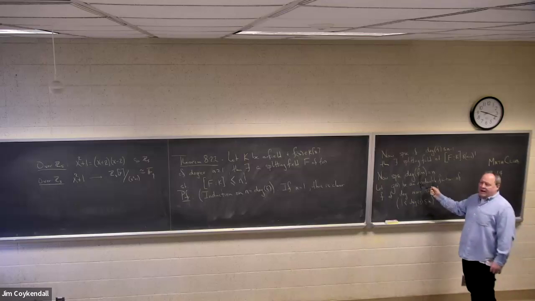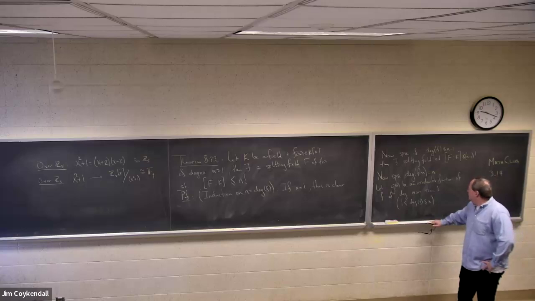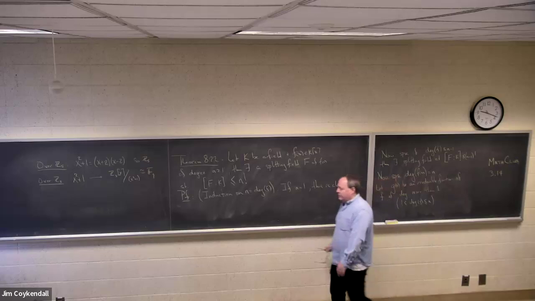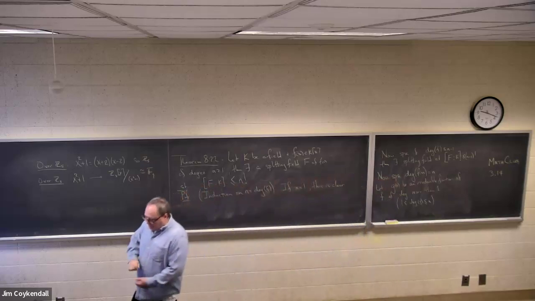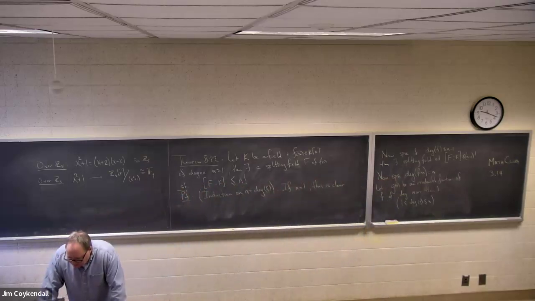So this thing has to have an irreducible factor of degree 1, or degree more than one. Oh, no, it doesn't. It can factor into linears. So let's just assume that we have this situation.